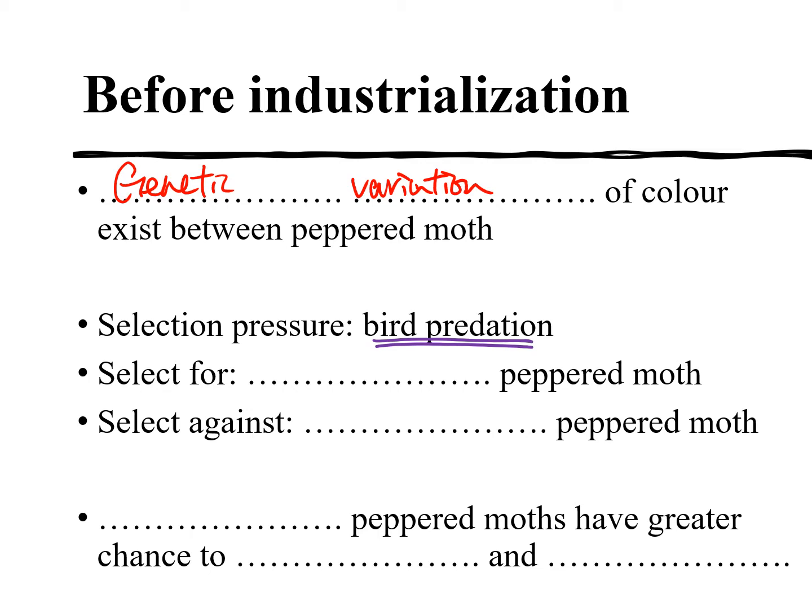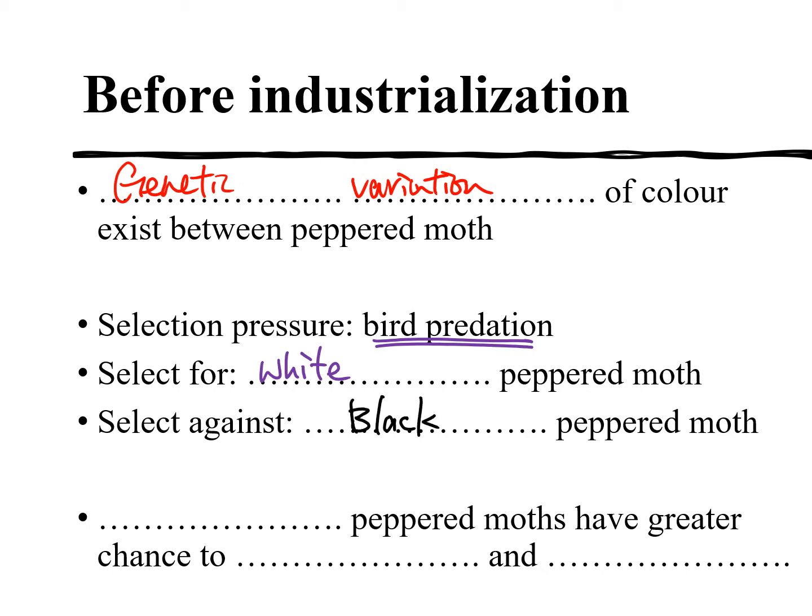Which morph is easily surviving? It should be the white peppermorph. It is being selected for. While for the black peppermorph, it is easily spotted, so it is being selected against.